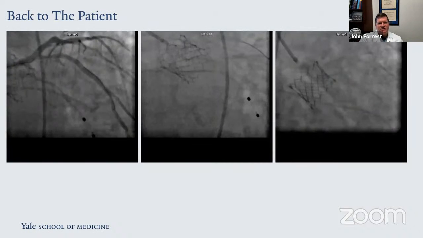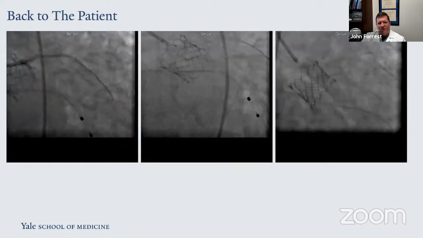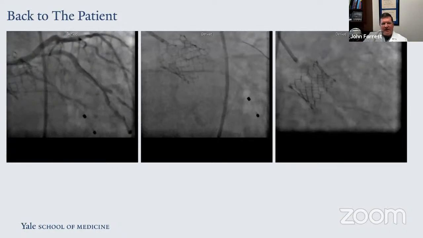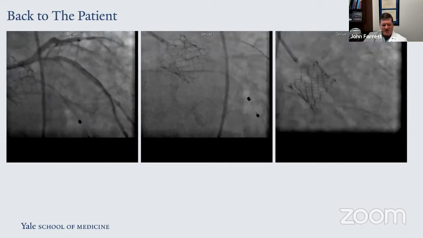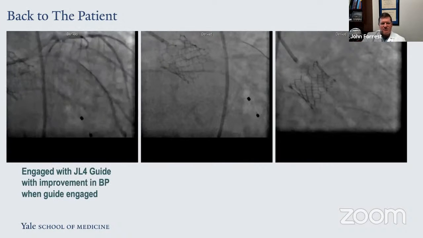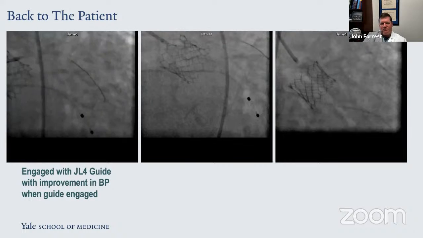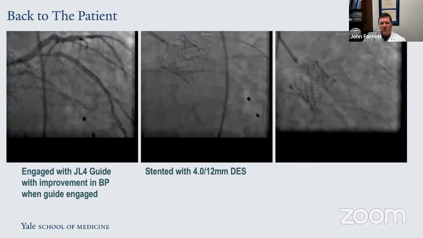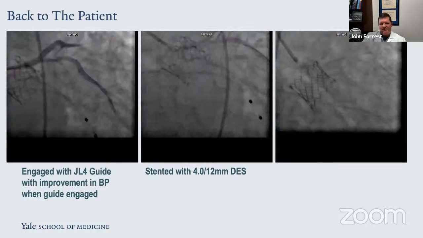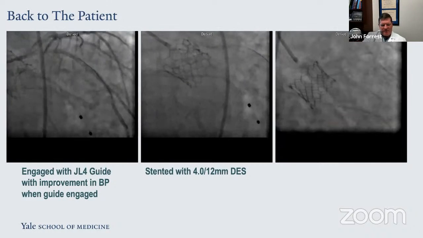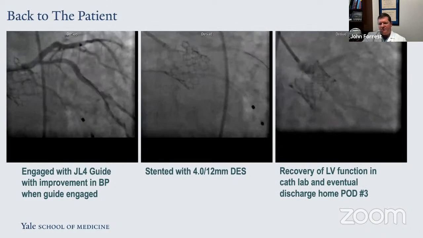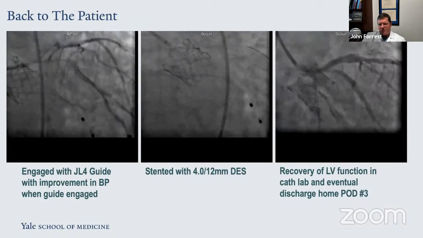So going back to the patient here, what often happens is once the guide was inserted better, we actually had improvement in our blood pressure. We engaged it with the JL4 guide and had improvement in our blood pressure. We went ahead and stented the ostium of the left main, and had very nice recovery of the LV function.